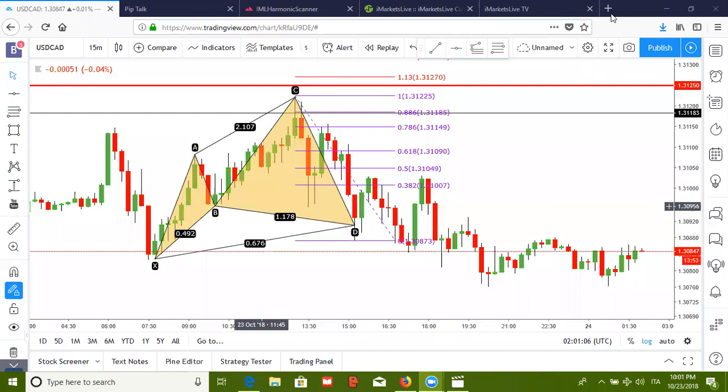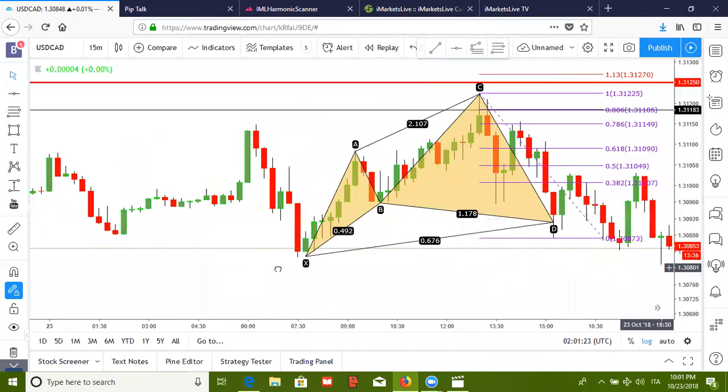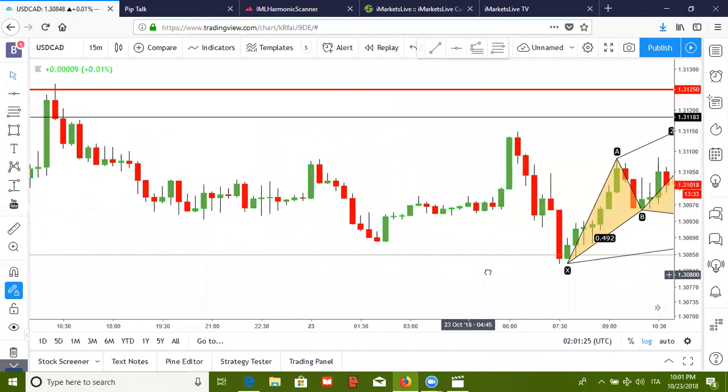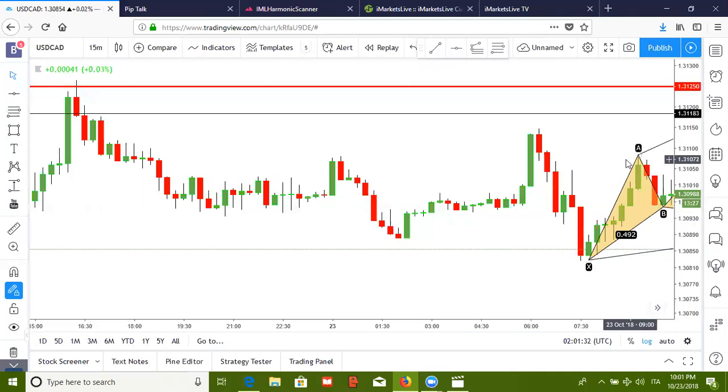How do you know where to get in at current price? Because from X to A, I'm looking for 38.2. I'm always entering at the D point. So looking at the market right now, I see I have my level of support and this level of resistance.